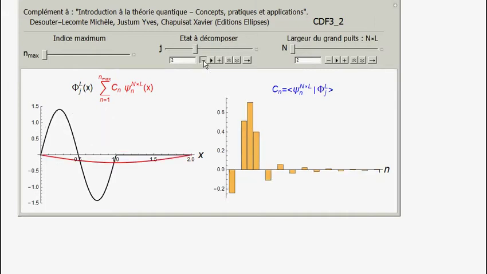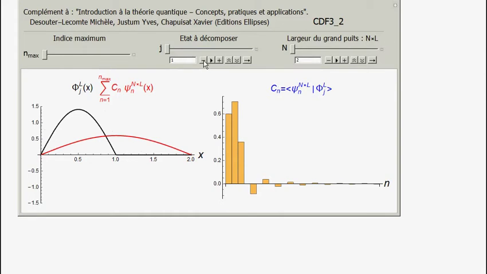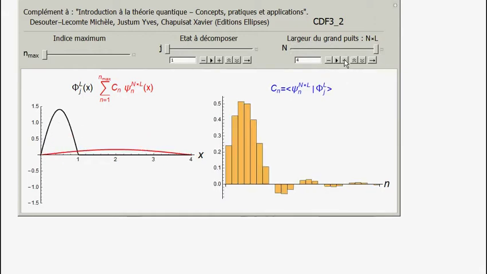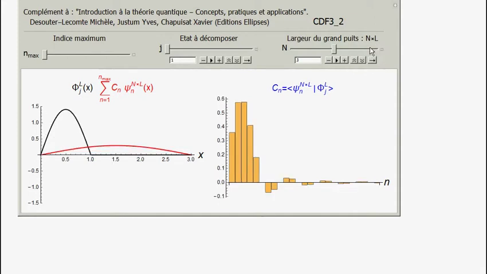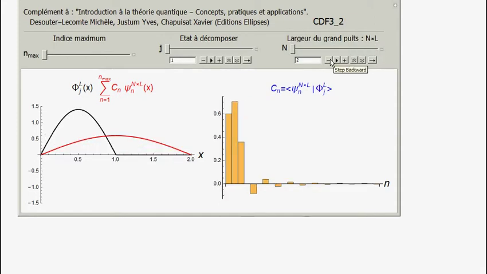I take back, for example, the ground state. At a given time, the width of the well is suddenly multiplied by a factor n, and one may choose 2, 3, or 4. For instance, I take 2, like this, and I choose the ground state.